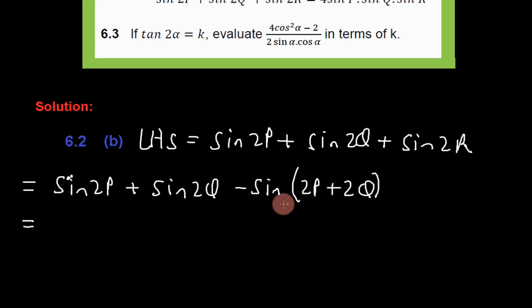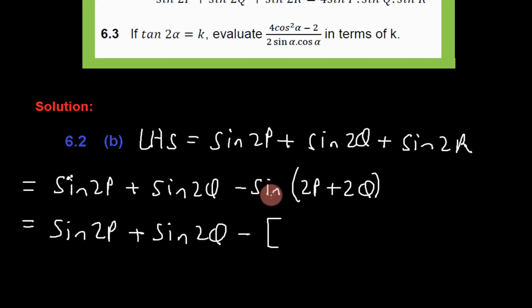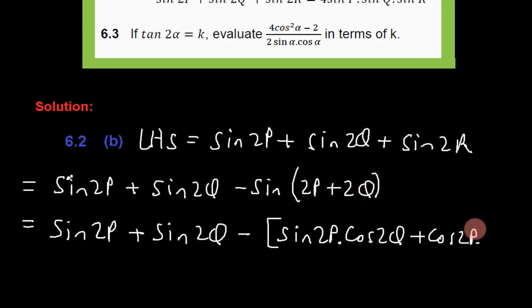Now we're going to use the sine expansion for a plus b. Now remember that the sine of a plus b is a sine of a times the cos of b plus the cos of a times the sine of b. So here it's a sine of 2p times the cos of 2q plus the cos of 2p times the sine of 2q.